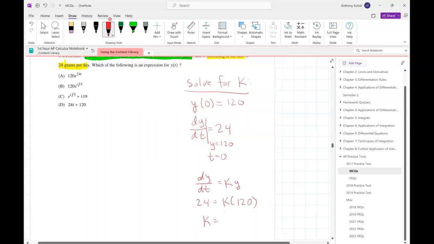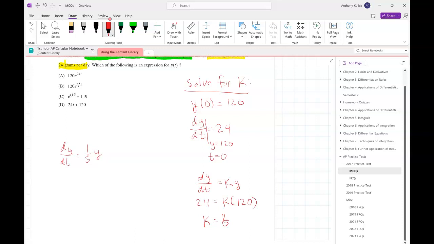So that tells me that k is 1/5. So far, so good. So now I have that dy/dt is 1/5 y.